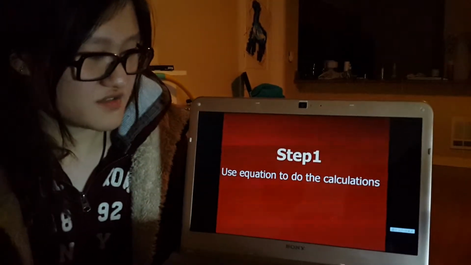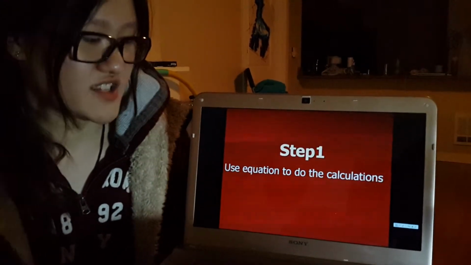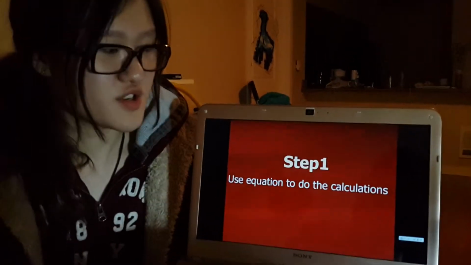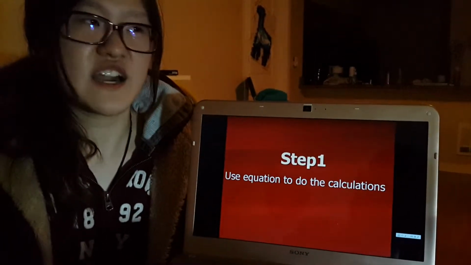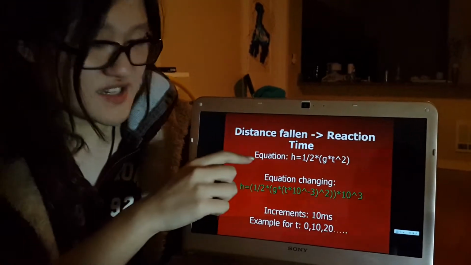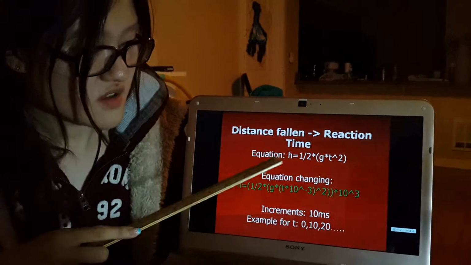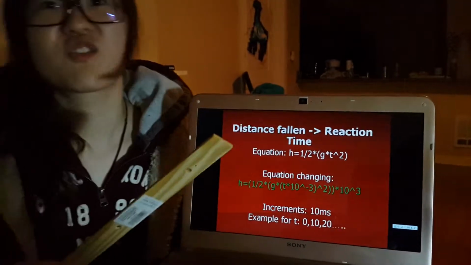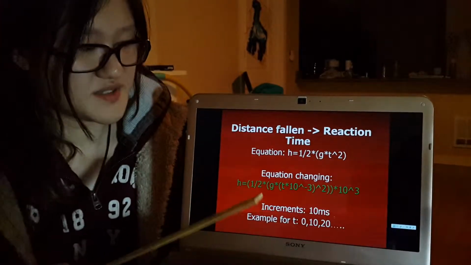First, step 1 of my project is using the equations to do the calculations. The calculations are divided into two parts. The first part uses these equations, where I use t to calculate h, which is distance.